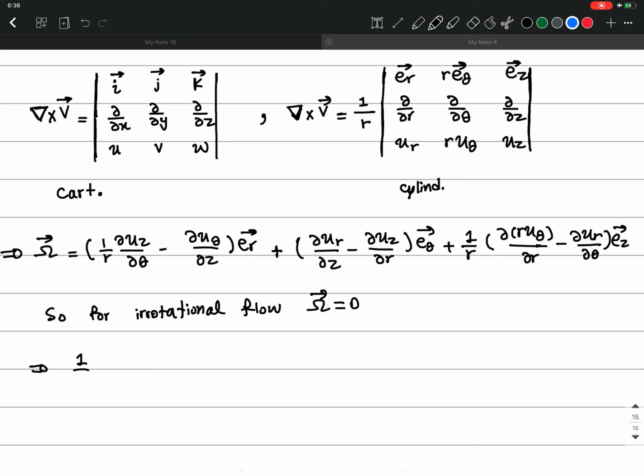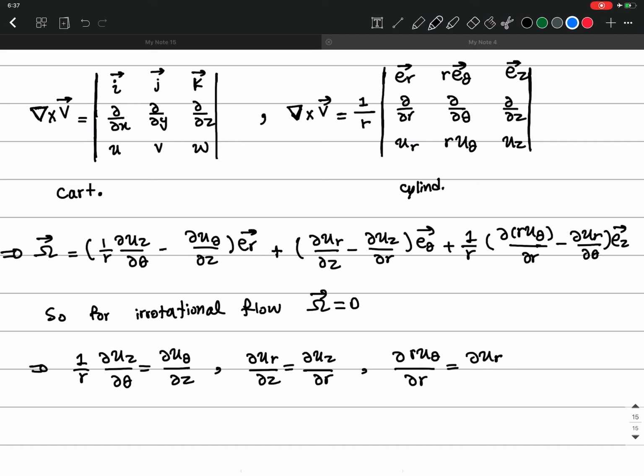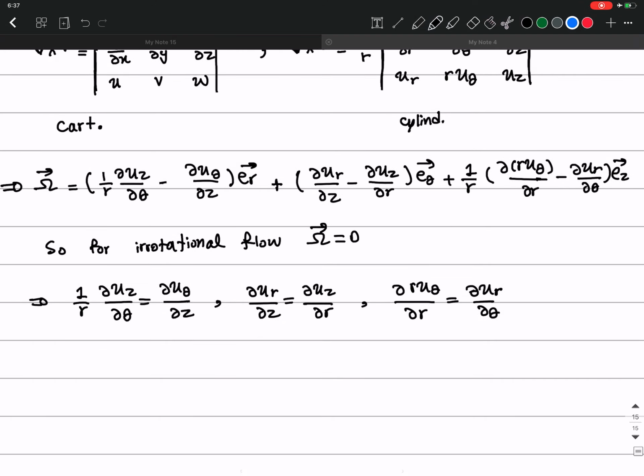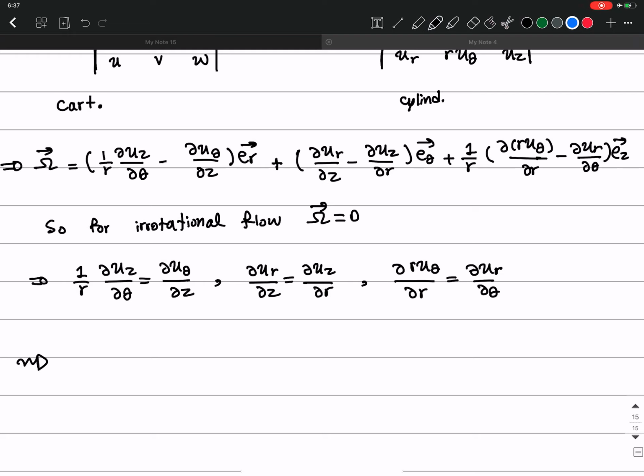So 1 over r partial uz over partial theta must equal partial u theta over partial z, and partial ur over partial z must equal partial uz over partial r, and partial r u theta over partial r must equal partial ur over partial theta.